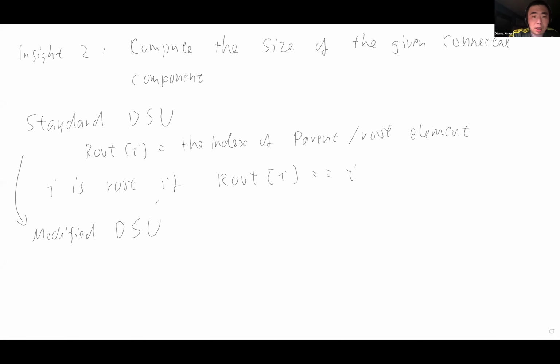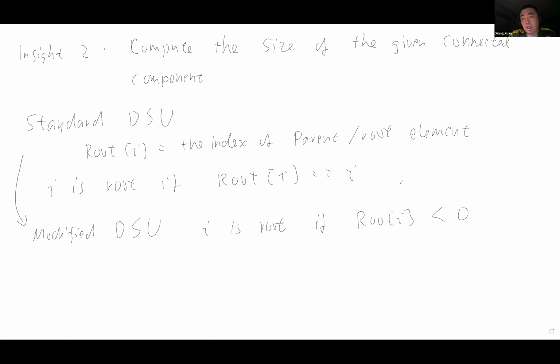So we basically say roots. First, I is root. Remember, we don't use the positive integer, because a positive integer essentially will be contributed into the index.